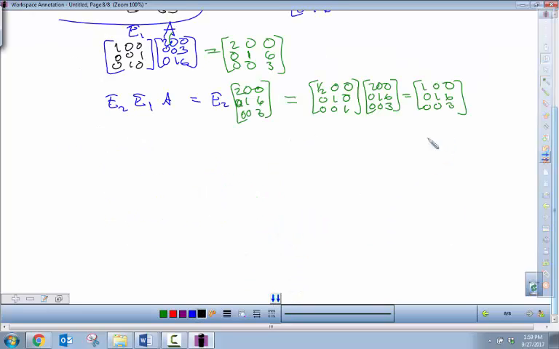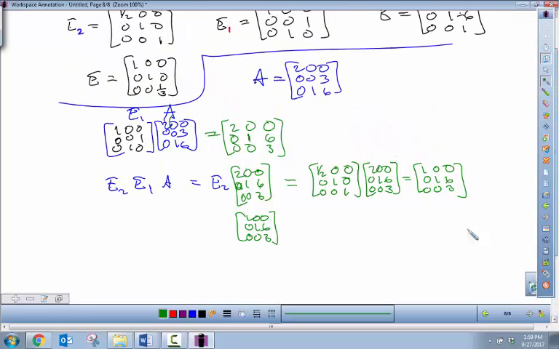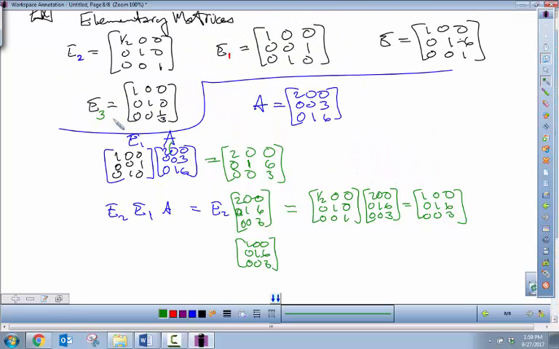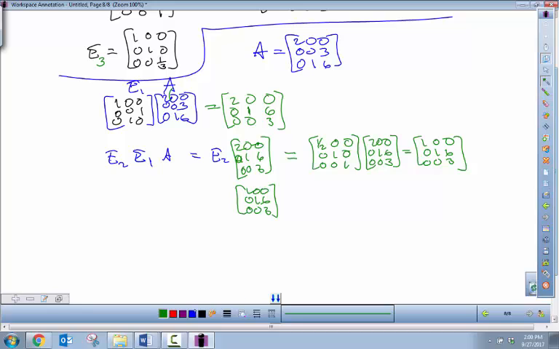So now let's take that new matrix that we just got: 1, 0, 0, 0, 1, 6, 0, 0, 3. Let's multiply this by another elementary matrix, and let's call this one E3. You know what you're going to get, right? 1, 0, 0, 0, 1, 6, 0, 0, 1.